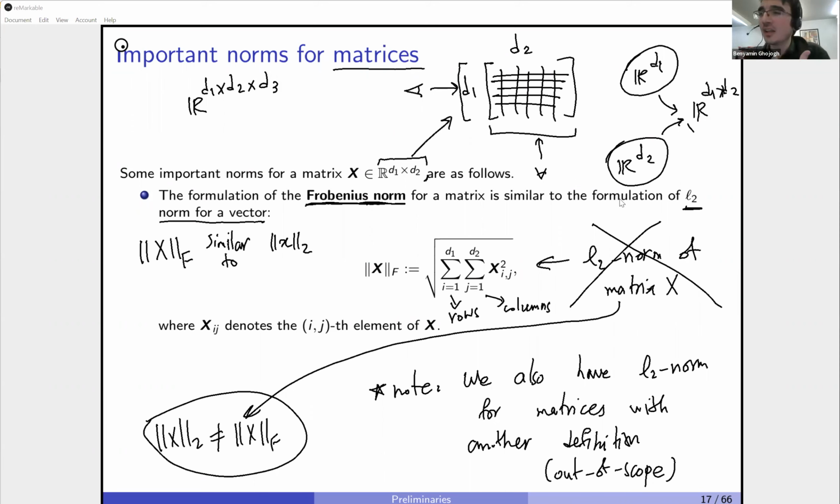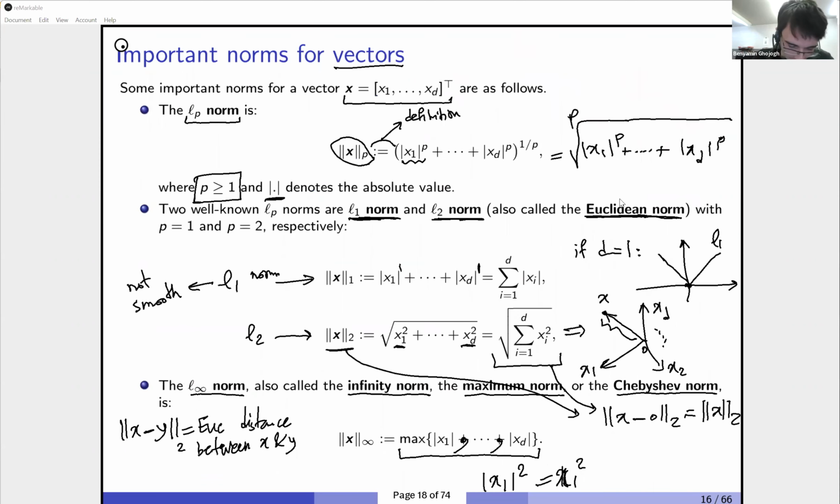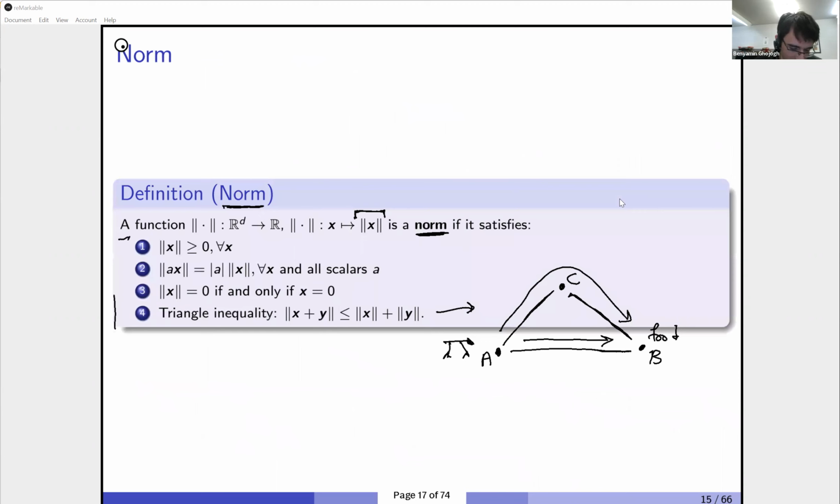As you see, the Frobenius norm, the L2 norm, these norms, take a look at the LP norm, also similarly for matrices and all of these. When we say LP norm, it's a kind of distance metric. Why? Because this definition of distance also includes these things.